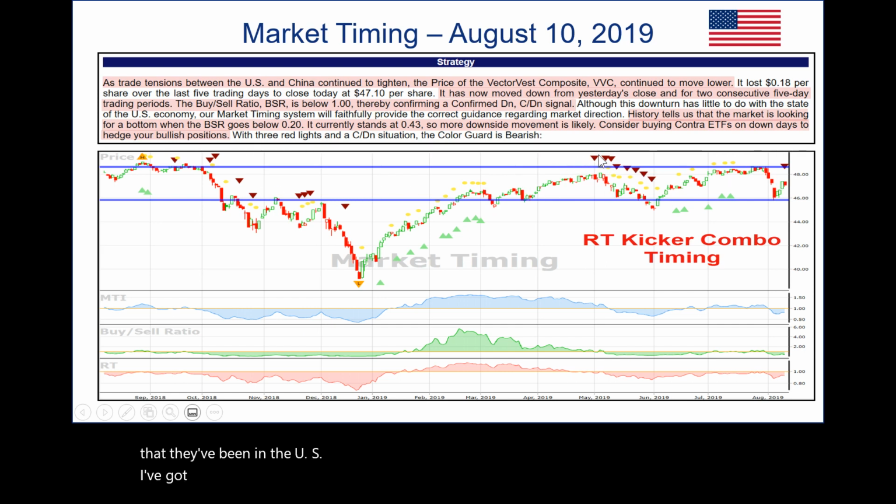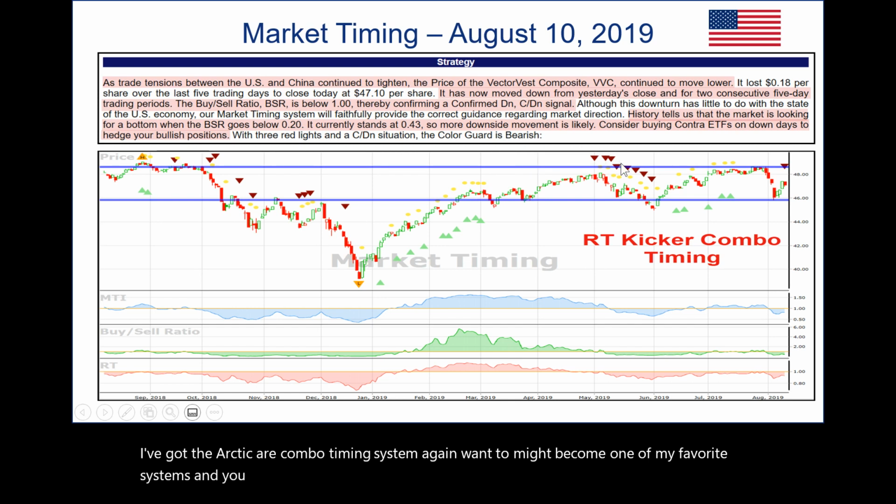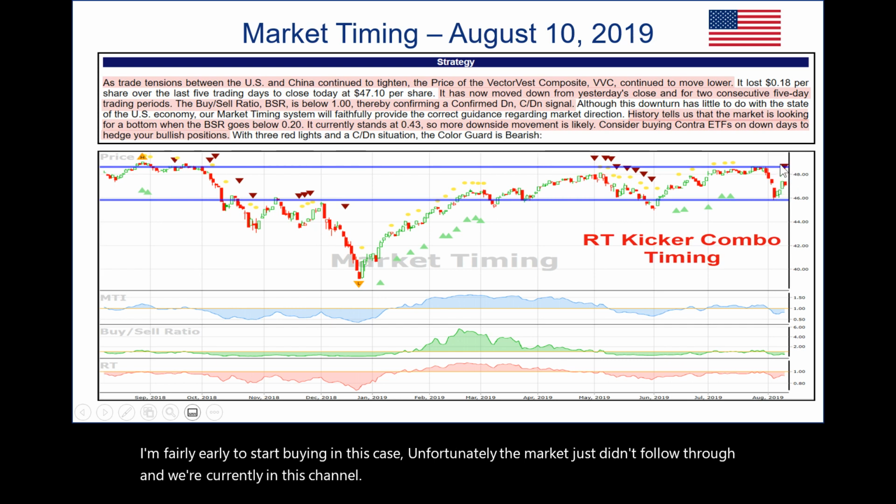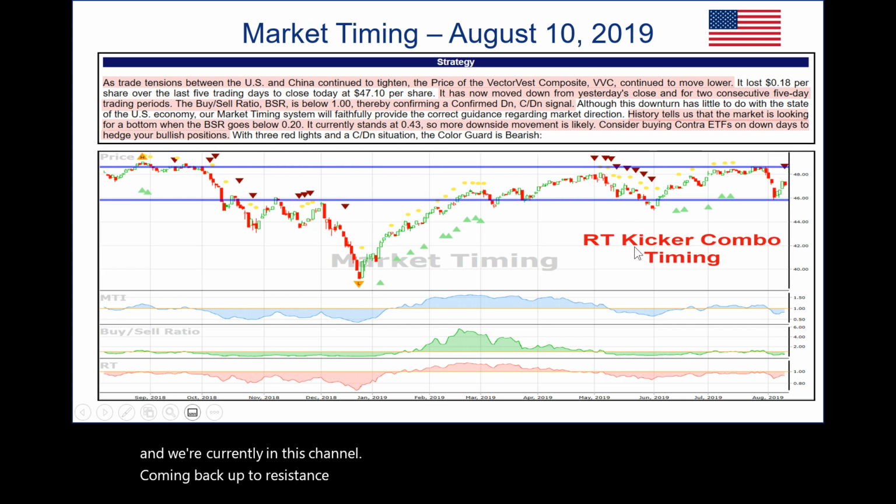I've got the RT Kicker combo timing system again, become one of my favorite systems, and you can see how well it protects you in these downtrends, gets you in fairly early to start buying. In this case, unfortunately, the market just didn't follow through, and we're currently in this channel coming back up to resistance, so we'll see where we go from there.